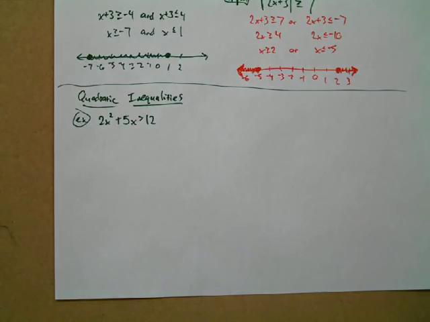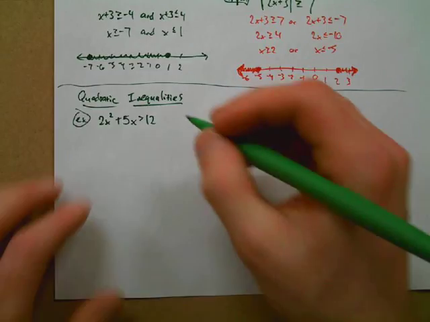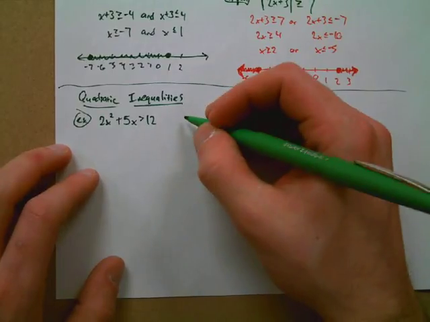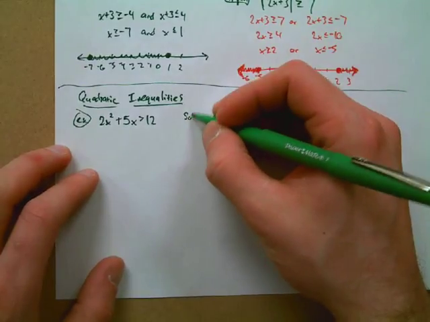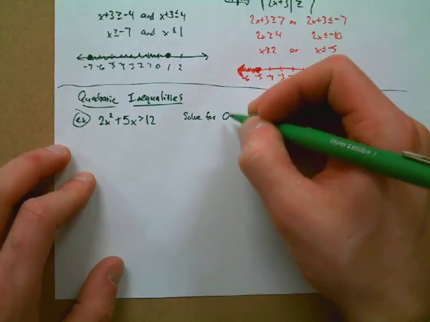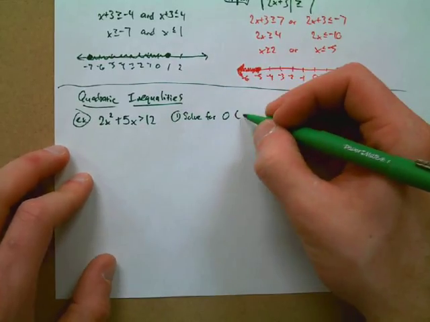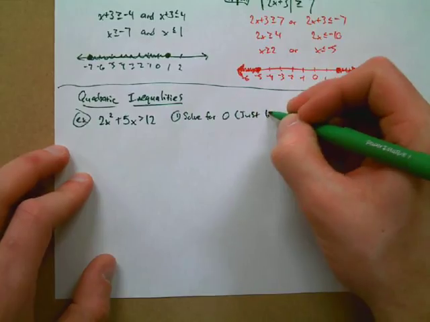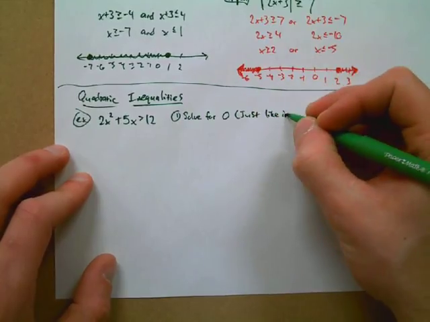So we're going to solve it for 0. We'll set it equal to 0, just like in equations. So we'll subtract the 12 over. So it's 2x squared plus 5x minus 12 is greater than 0.